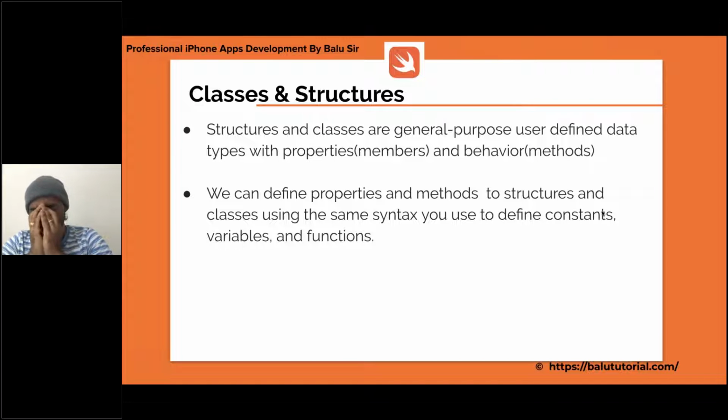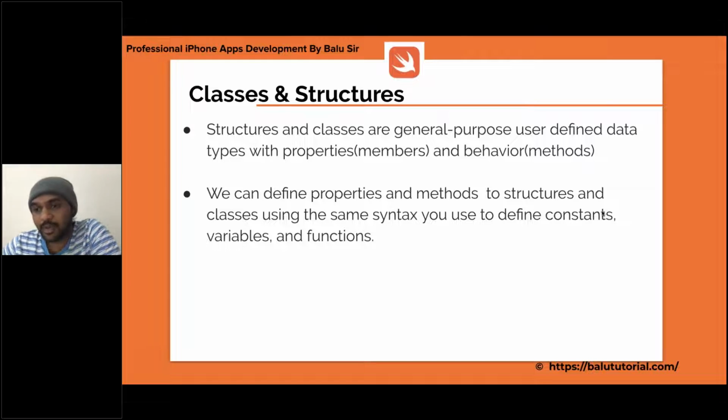If you consider OOP, the fundamental principle is that we are working with real-time entities. You have the existing data types, like Swift provides a variety of data types and collections. Those are all fundamental types.